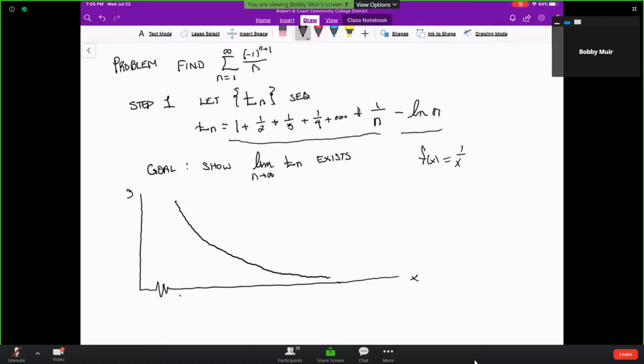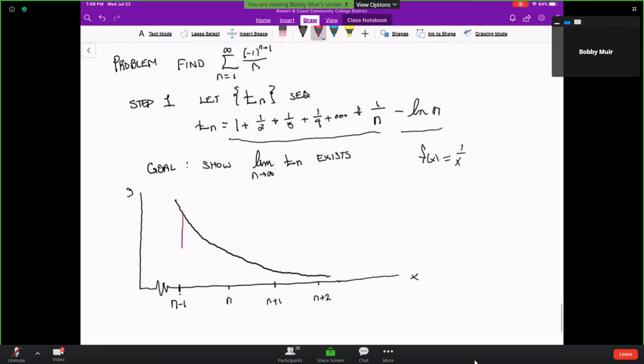This point I'm going to call n minus 1, this point n, this n plus 1, and maybe this n plus 2. Now in red I'm going to draw some rectangles that are going to be sitting above the picture.